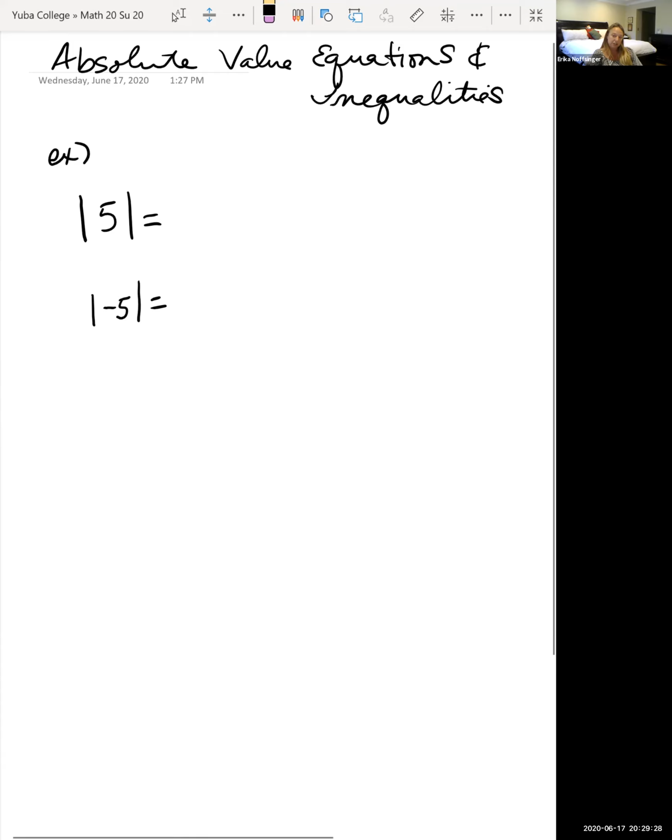By definition, absolute value is just the distance between 0 and that number on the number line. You count how many marks you'd have to go from 0 to that number, and distance is positive. So basically, absolute value of 5 is just 5. And the absolute value of -5 is also 5.